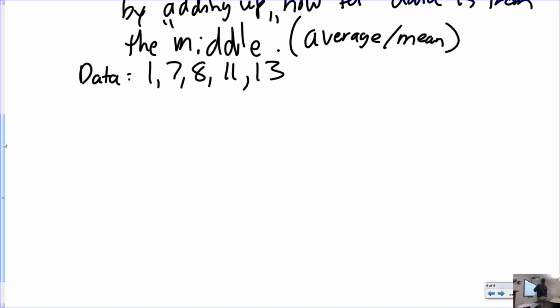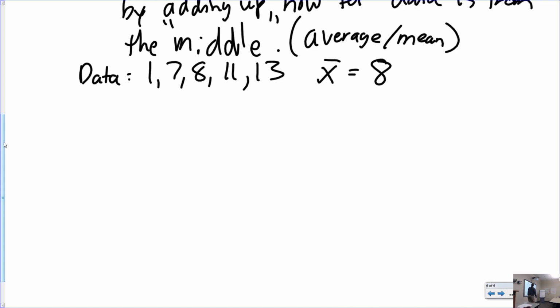So first off, for those 5 numbers, what's the average? Or what's the mean? 8. Did it really work out to be 8? 20 and 20 is 40 divided by 5 is 8. Okay. Conveniently enough, it's the mean and the median. Pardon me. This is supposed to be the mean.